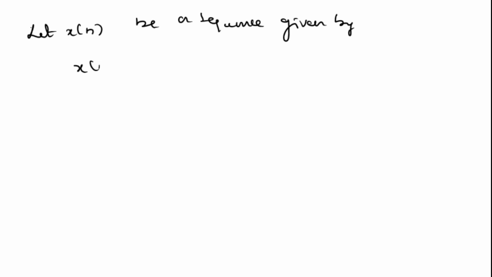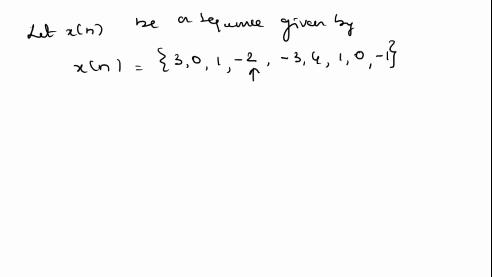Next problem, let x of n be a sequence given by x of n is equal to 3, 0, 1, minus 2, minus 3, 4, 1, 0, minus 1, with DTFT X of e^(j omega).